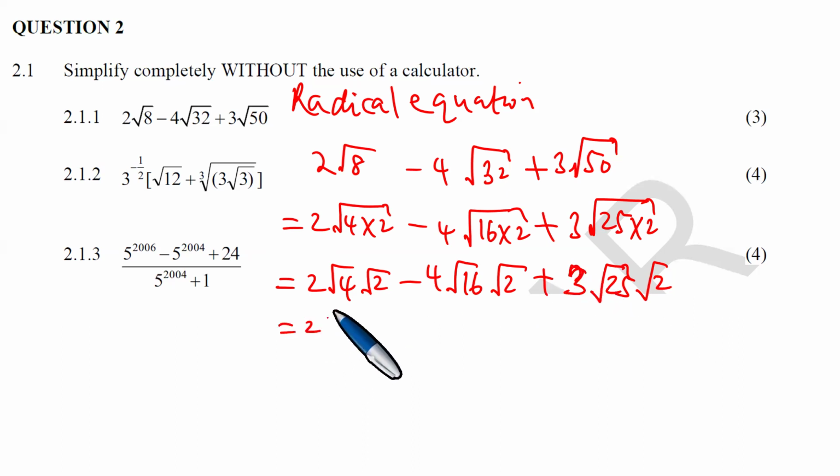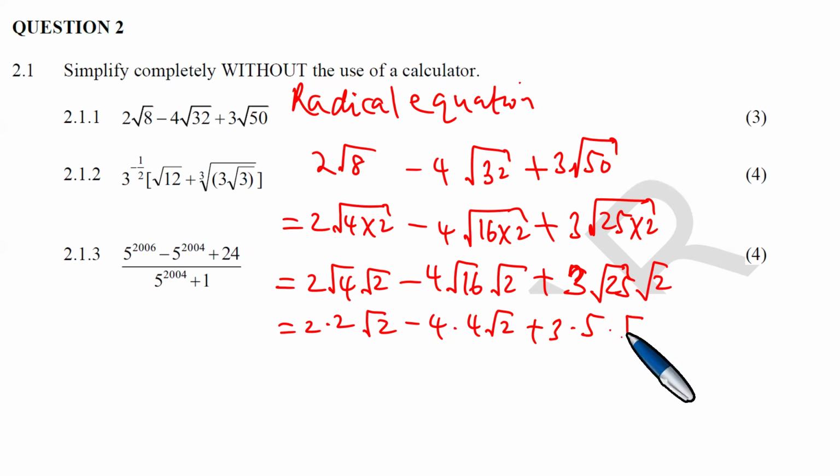And therefore, the square root of 4 is 2, the square root of 16 is 4, and the square root of 25 is 5. 2 by 2 here gives us 4 times the square root of 2, 4 by 4 is 16 times the square root of 2, and 3 by 5 is 15 times the square root of 2.